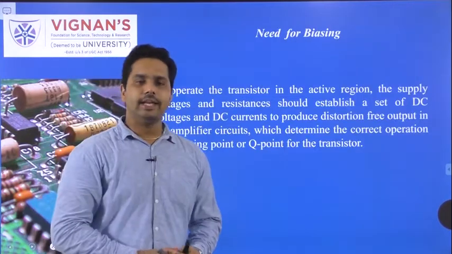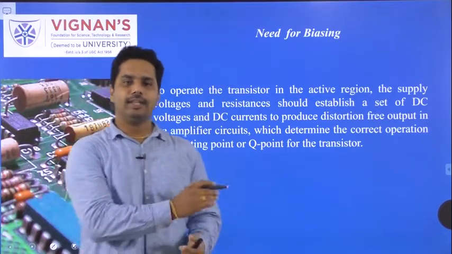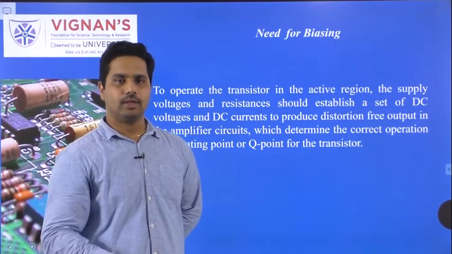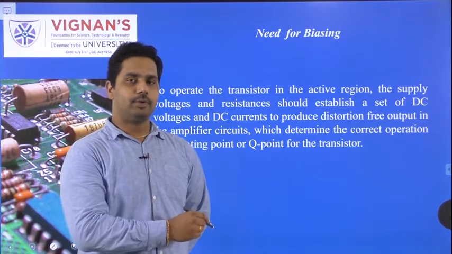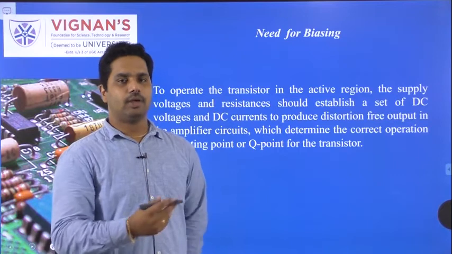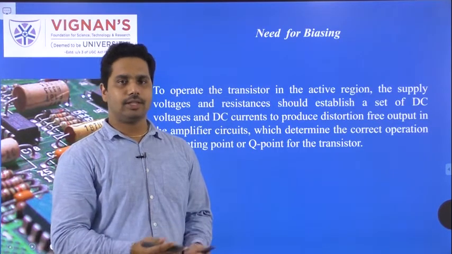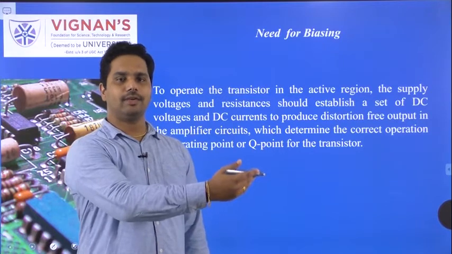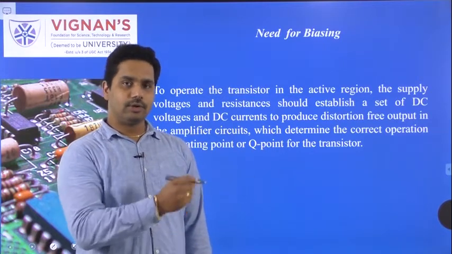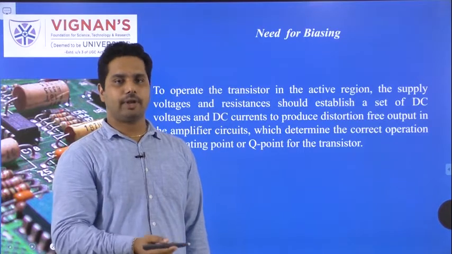Then here comes the need for biasing. Why do we need biasing? Again, the same reason. If we are not getting the desired Q point, faithful amplification won't happen. If faithful amplification is not happening, then there is no use of that amplifier, because you are giving a signal but the output you are getting has some distortion. So without distortion we need the amplified output signal.